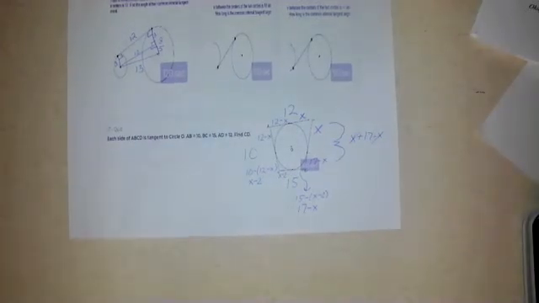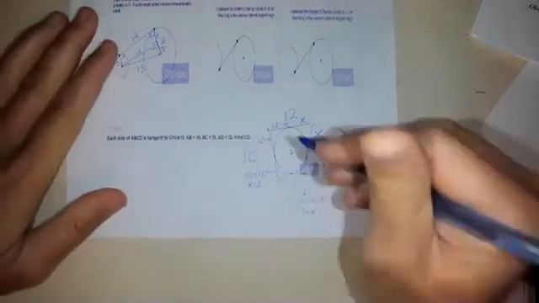Okay, the final type of problem that I want to try here is a common internal tangent problem. And I've got two different ways of doing these. The book way is a little bit easier, perhaps, but my way involves similar triangles. So I kind of like them both.